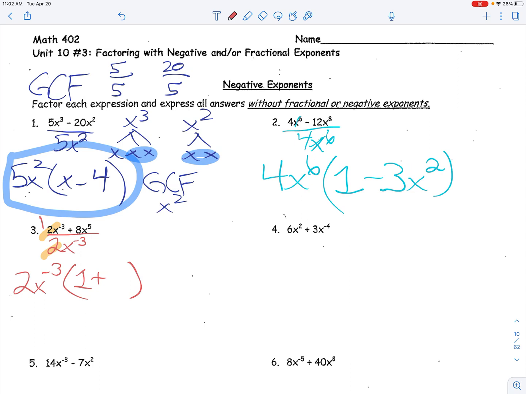If you subtract those exponents, negative 3 minus a negative 3 is x to the 0, which is 1. If you want to put 1x to the 0 there, fine. I'm just going to put a 1 with that first term divided.